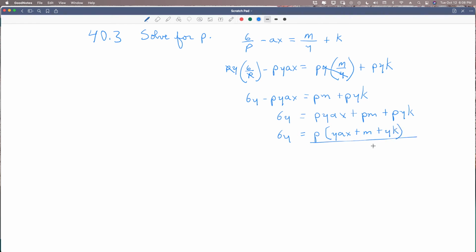Then we divide both sides by yax plus m plus yk. Same thing over here. Yax plus m plus yk. These cancel. So 6y over yax plus m plus yk is the value of p.